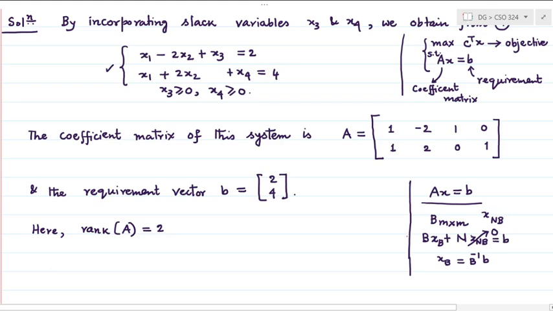Because you have to have an m by m submatrix, this is capital B. And here the rank of A is equal to 2. Now the 2 by 2 submatrices of the matrix A are the following.